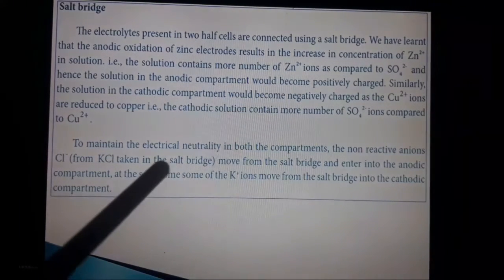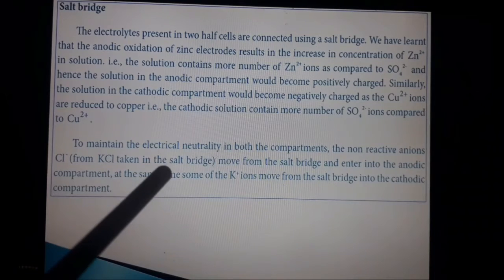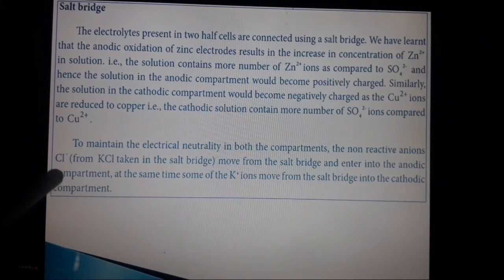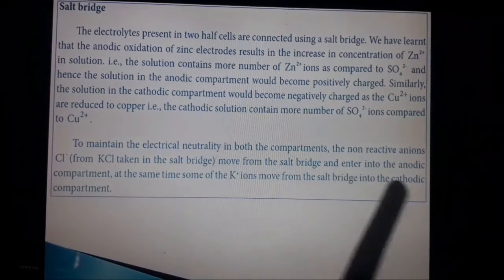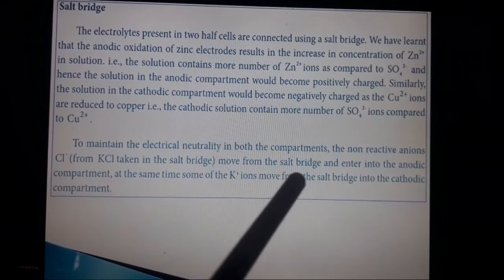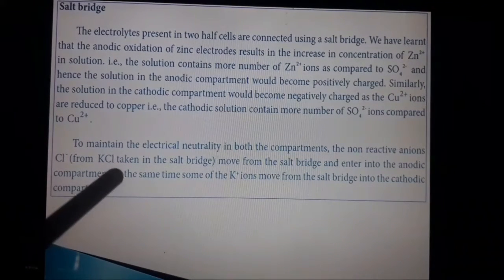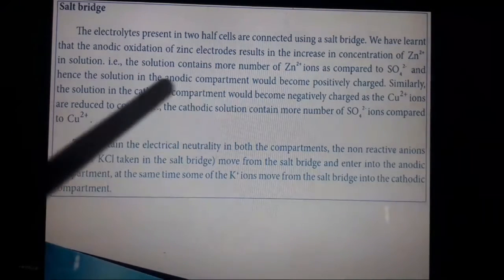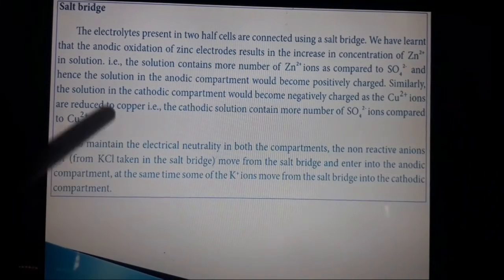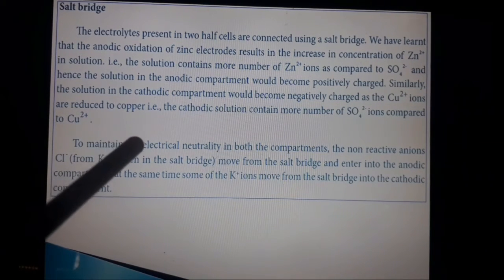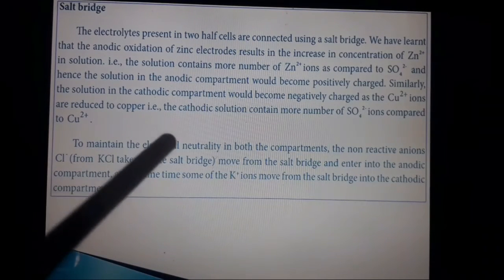So to maintain neutrality in the compartments, the anions Cl minus move from the salt bridge to enter the anodic compartment. At the same time, K plus ions move from the salt bridge to the cathodic compartment. One beaker has a higher concentration of zinc 2 plus ion, the other has sulfate ion.